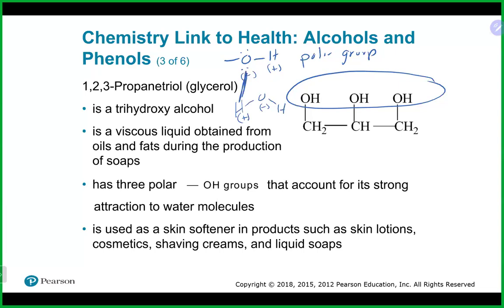Usually, you're good in terms of solubility of alcohols with water up to about 5 carbons or so. If you have more than that, then the solubility really does start to decrease. Another thing that can help increase the solubility with water is having multiple OH groups.